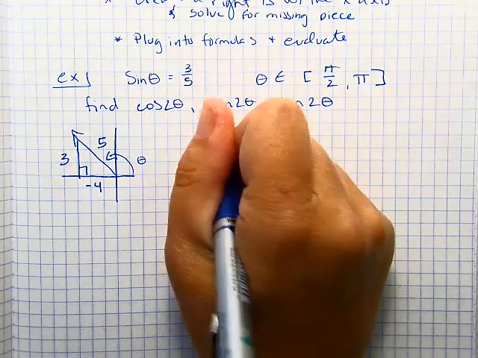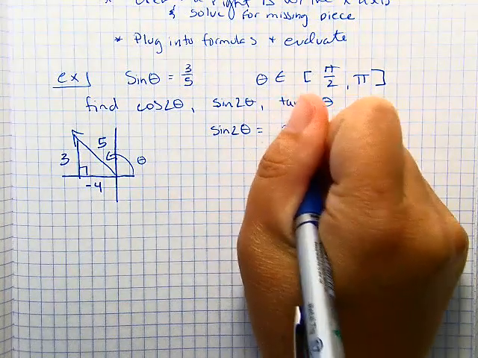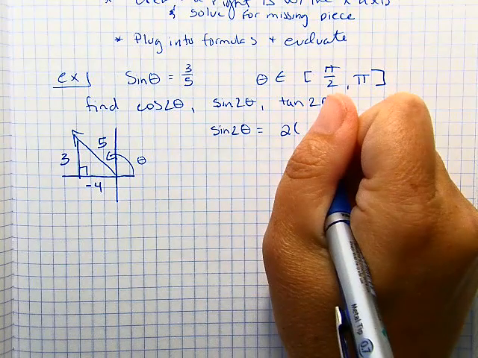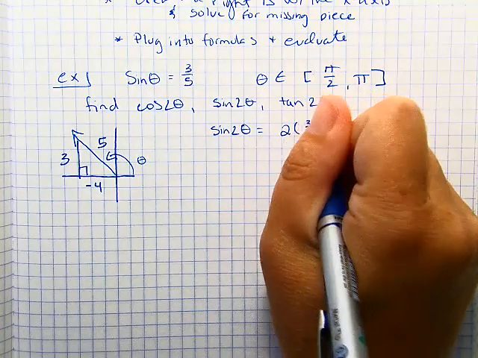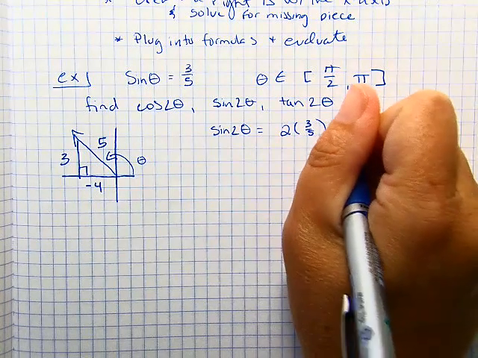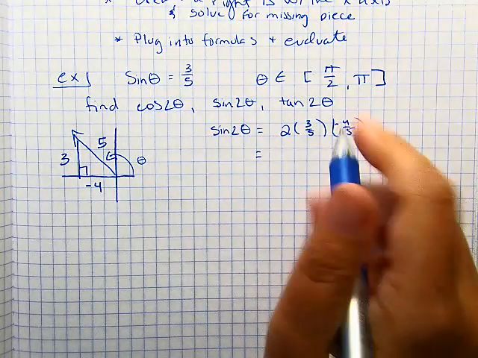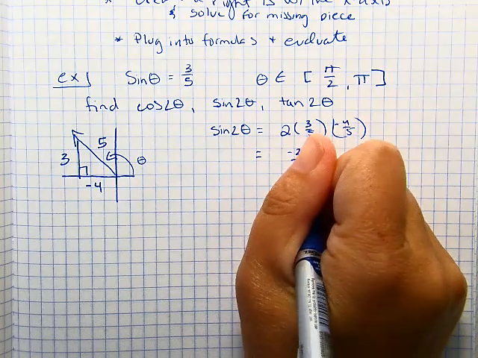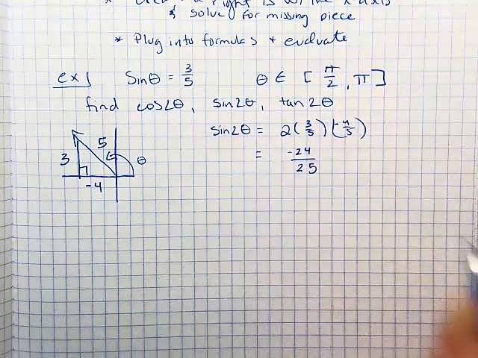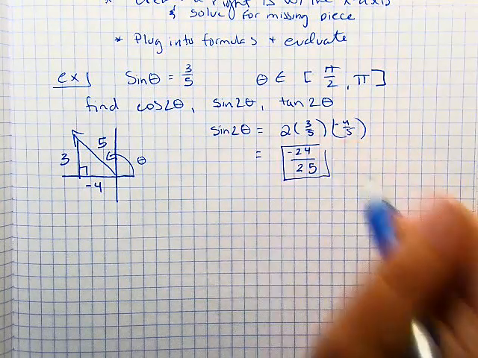Sine of 2 theta is 2 sine cosine. So then we just do 2, and then sine is 3/5. We already know that. And cosine is -4/5. And then we multiply. 2 times 3 times -4, so it's -24 over 5 times 5, 25. And that is sine of 2 theta.